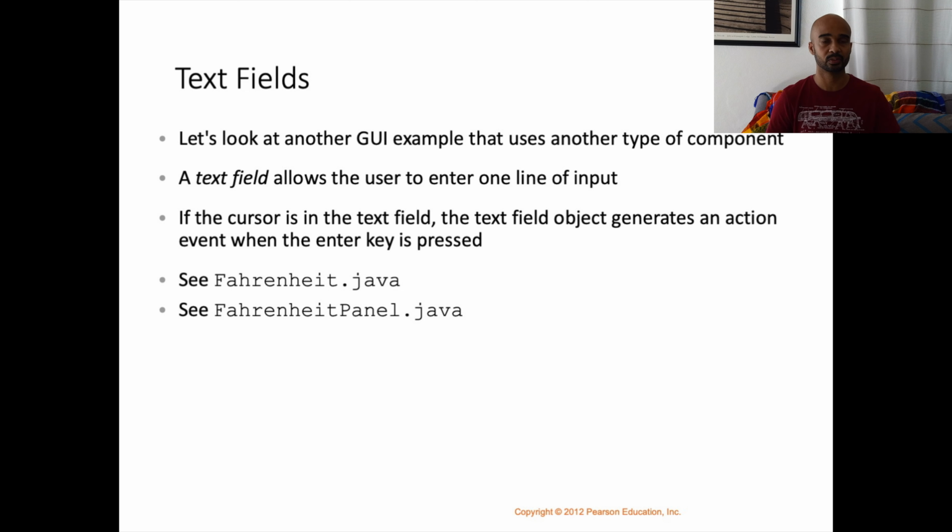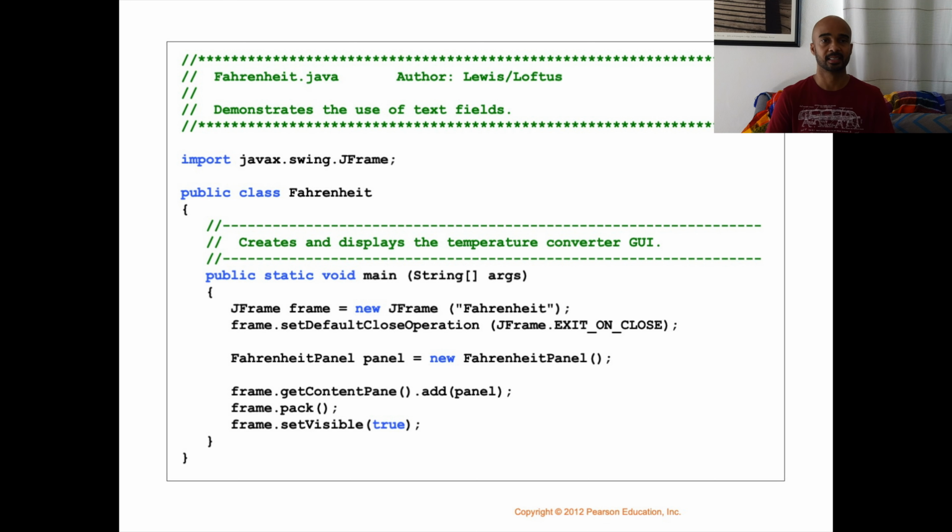So we have two classes in this case, Fahrenheit.java and FahrenheitPanel.java. All right, in the Fahrenheit class, this is our main driver class that has the main method to trigger everything. And here you'll see the creation of a frame with the title being Fahrenheit. We're setting the default close operation to exit on close as usual.